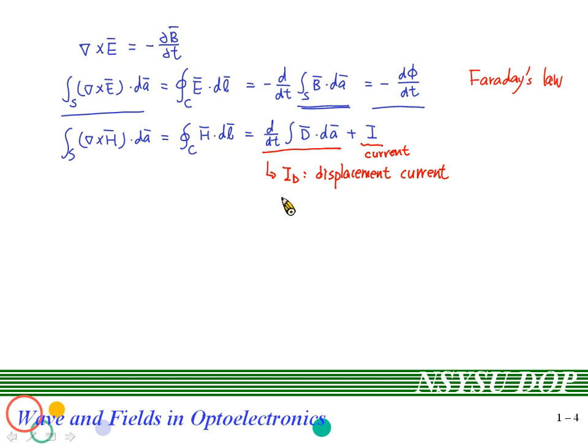As a result, we can define the corresponding current density of the displacement current as ∂D/∂t. So ∂D/∂t here is defined as the displacement current density.